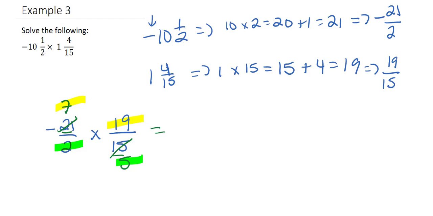So what do we get? Well, 19 times 7. 9 times 7 is 63. Then that's a 13, because 7 times 1 is 7, plus 6 is 13. So we have negative 133 on the top. 2 times 5 is 10.